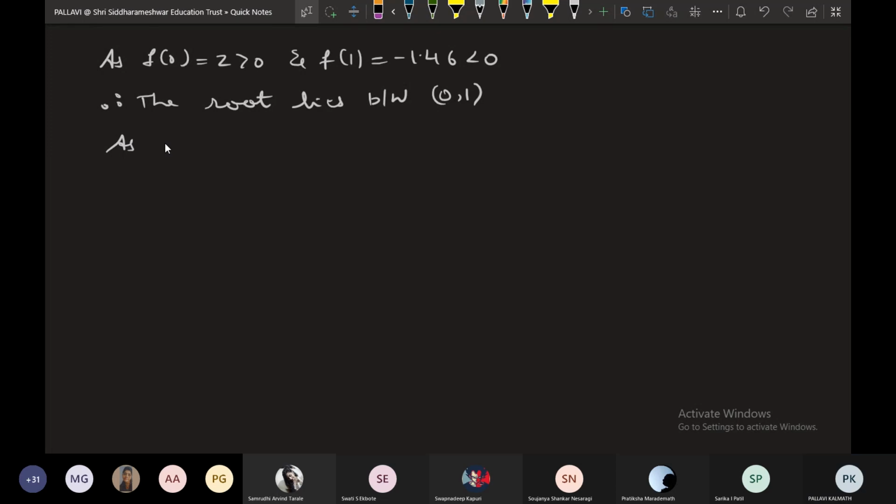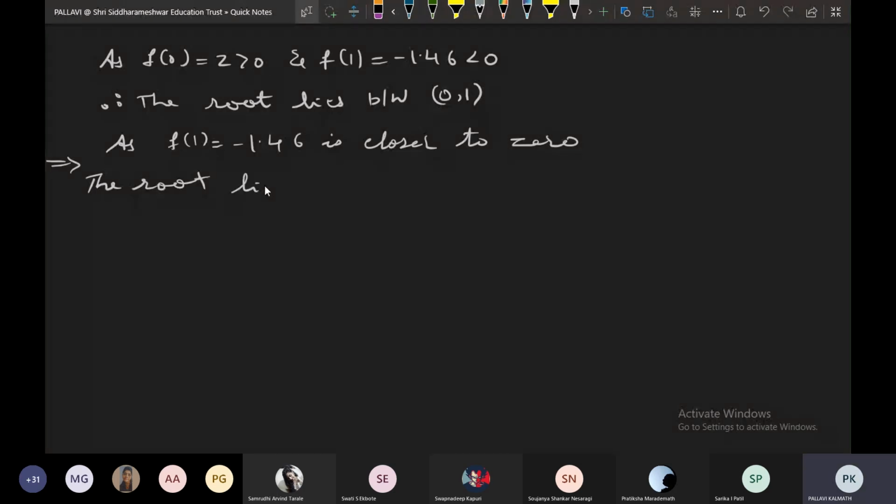Then write again, as f of 1, which is 1.46, is closer to 0. Where does the root lie?